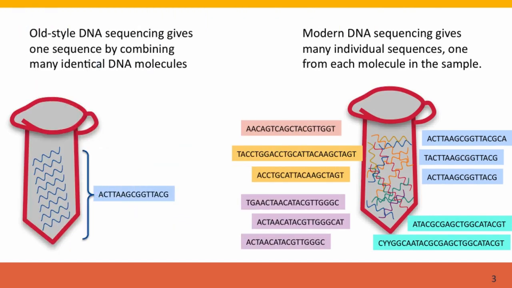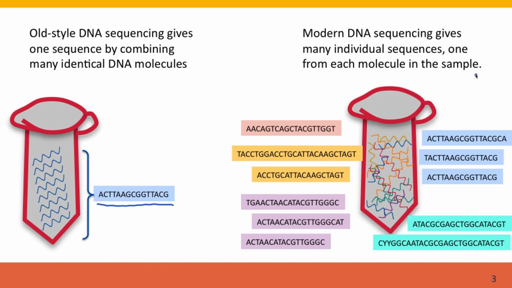So back in the good old days, before about the year 2000, DNA sequencing was done on pure samples of DNA consisting of many identical copies of a single DNA molecule, a single DNA fragment, usually. And the result of that analysis was one DNA sequence that represented the average sequence over the whole sample.